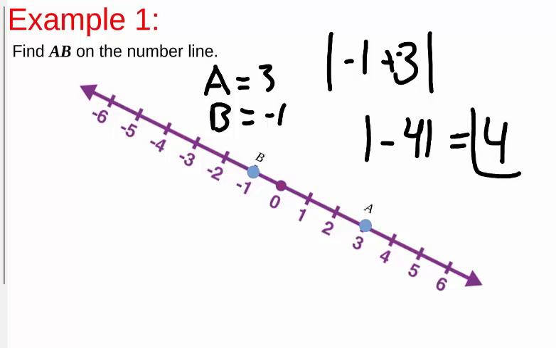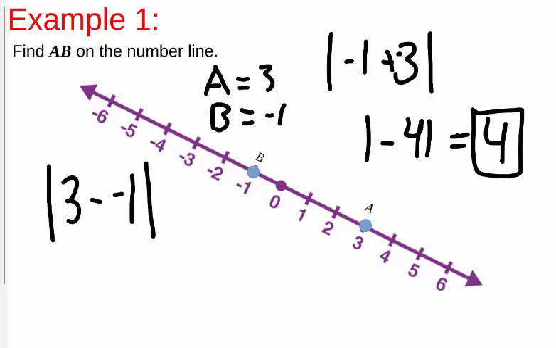That's the distance. Now, what if you got it backwards and said, whoops, I did A before B? What if you did that? Let's just see what happens. If I put A first, 3 minus -1. Minus a minus becomes plus a positive. And we're left with 3 plus 1 is 4.